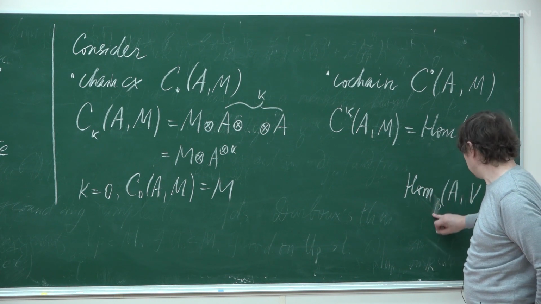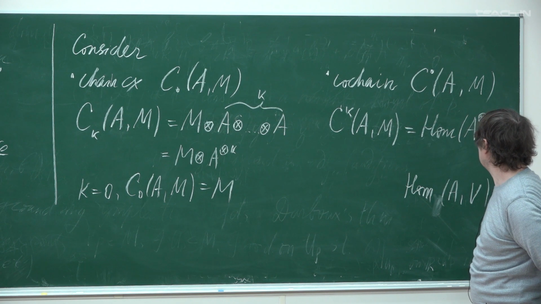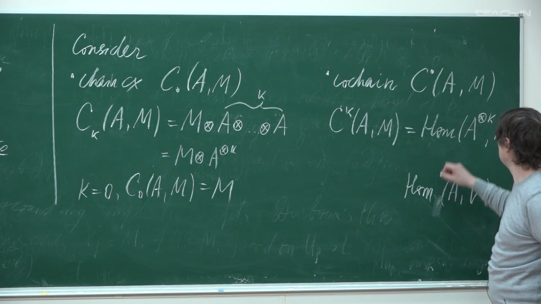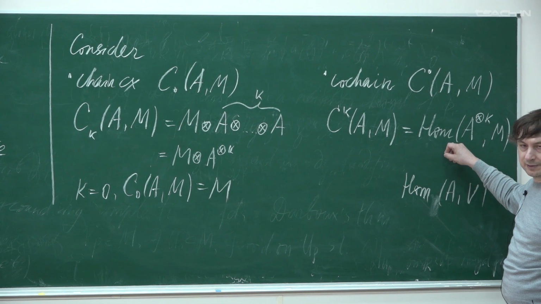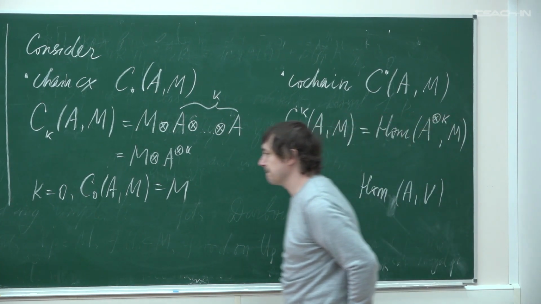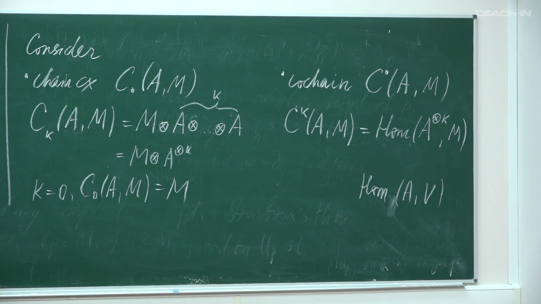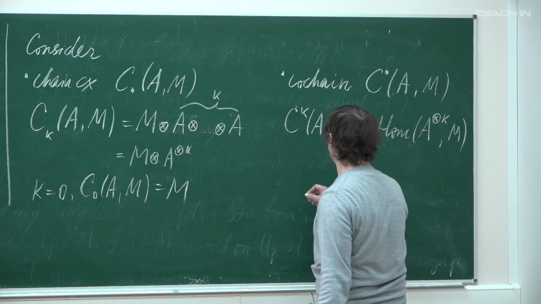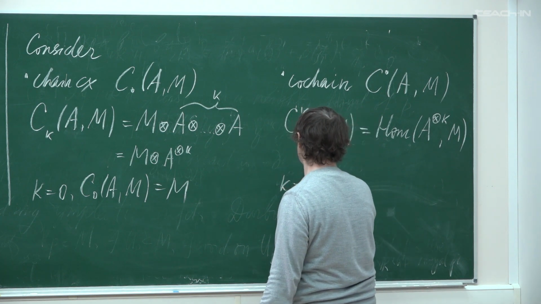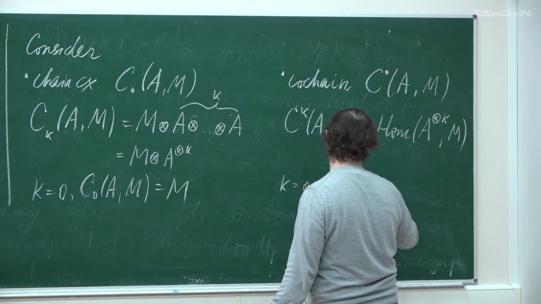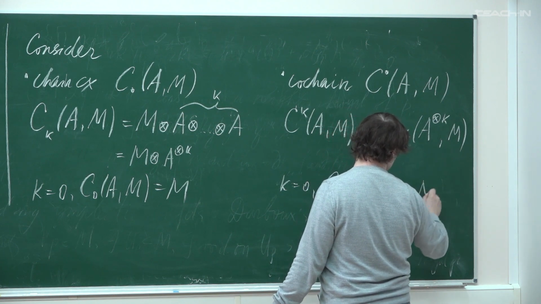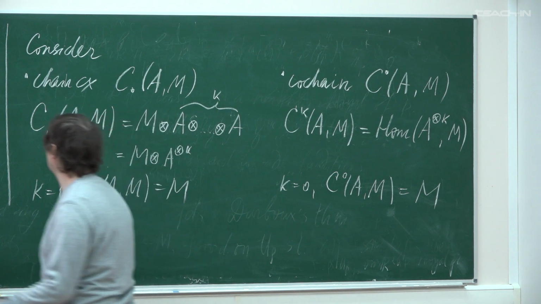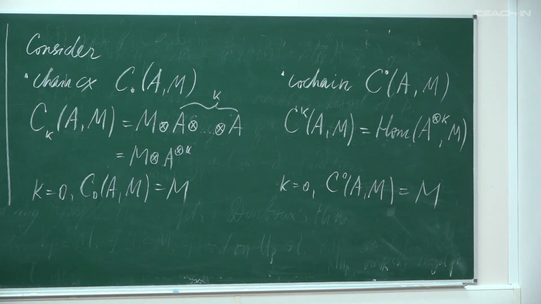When I skip B from my notation, it means that I assume just linearity over the ground field, nothing else. In particular, again, if K is equal to 0, then C^0 of A, M is again equal just to M. Now I need to introduce the differential, which is the most important part of every complex, right?